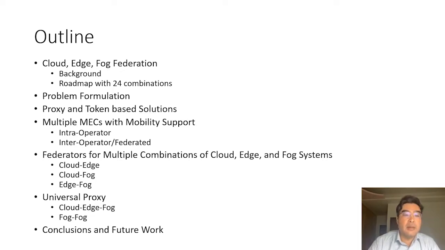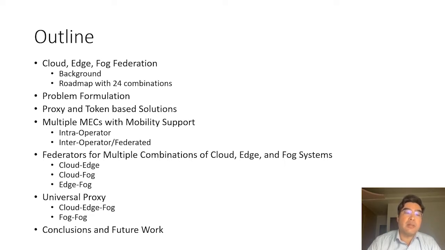The first group is between multiple MEC, mobile edge computing systems in 5G, within one operator, which means 2 MECs within the same service provider, or inter-operator, meaning between different service providers. The second group is pairwise.